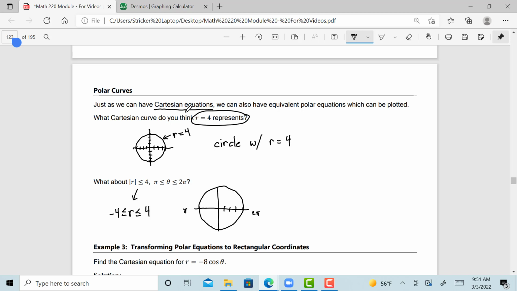And because it's less than or equal to, we're actually going to shade everything inside that circle as well, because r is going to be all the values between 0 and 4. So this would be, again, a circle with radius 4 and all points inside that circle as well.